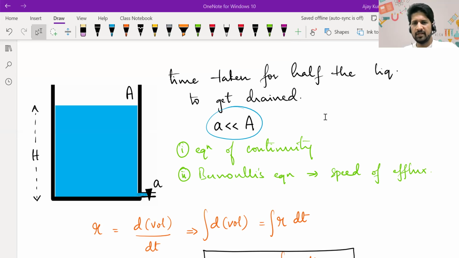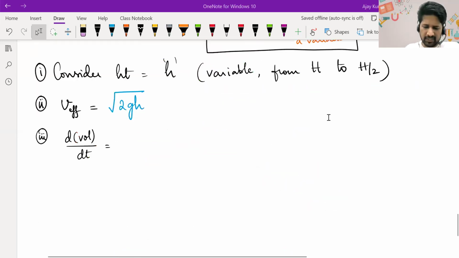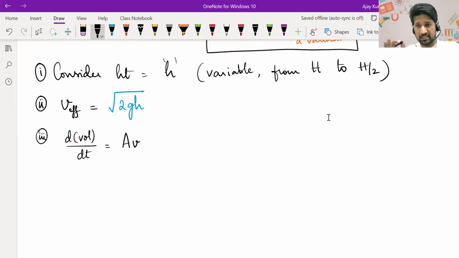Speed of efflux is the speed at which cross section, capital A or small a? Small a. And then you have to take that cross section area only, no? So volume flow rate through a cross section is given by area multiplied with the speed of flow at that cross section only. Now we know the speed of flow through the tap, that is under root 2gh.